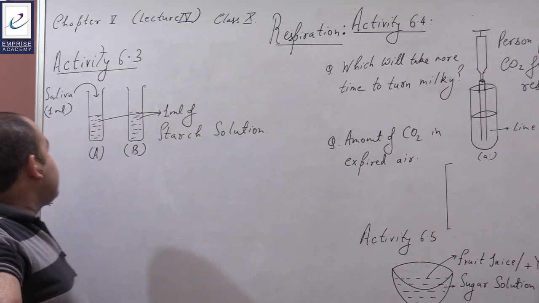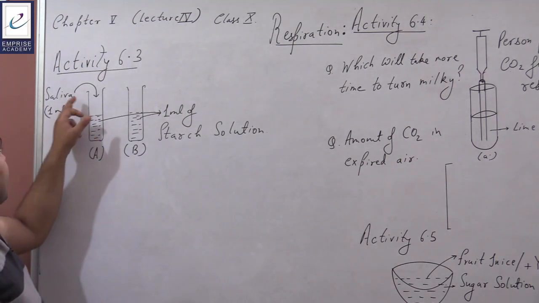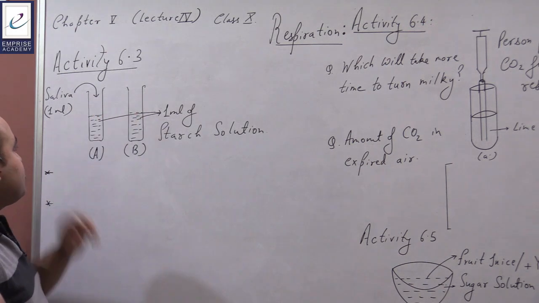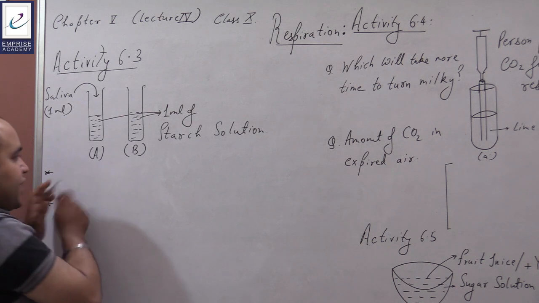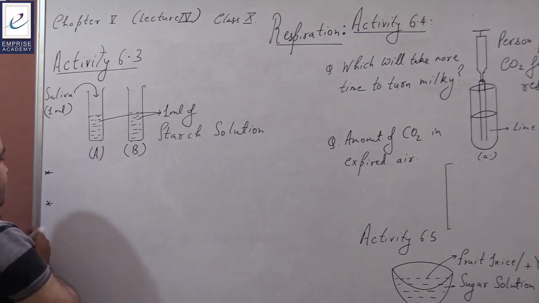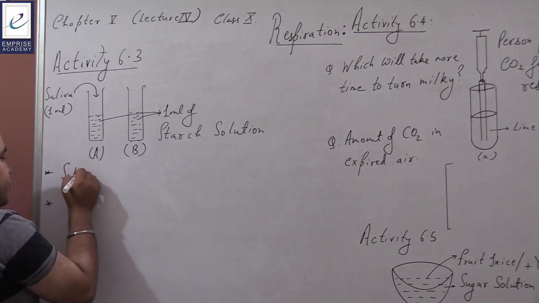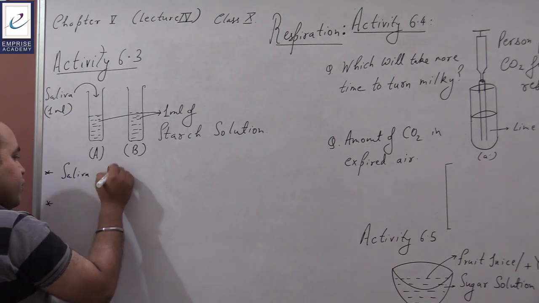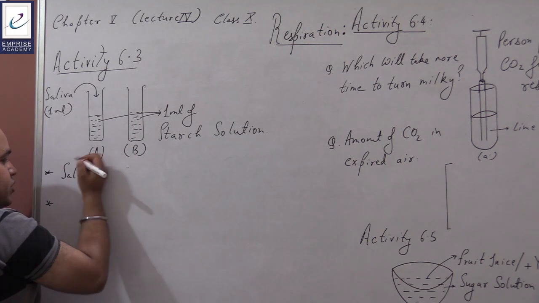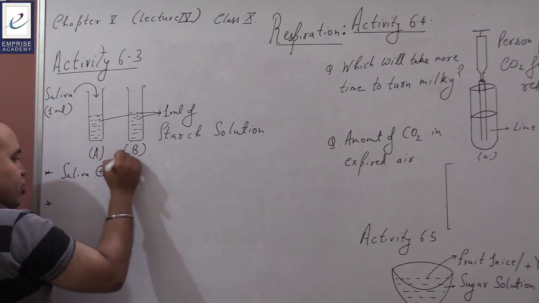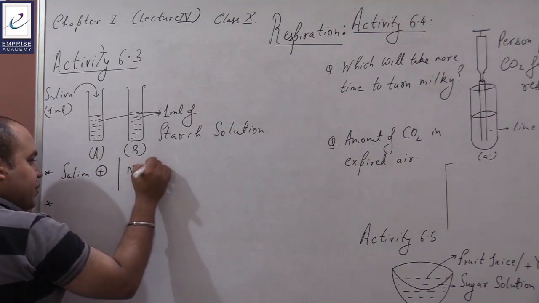After adding the starch solution, 1 ml of saliva is added to one of the test tubes and not to the other. So saliva is added in the test tube A, not in B. Saliva added here, and no saliva here.